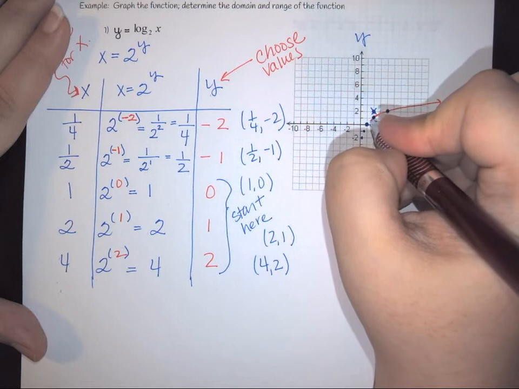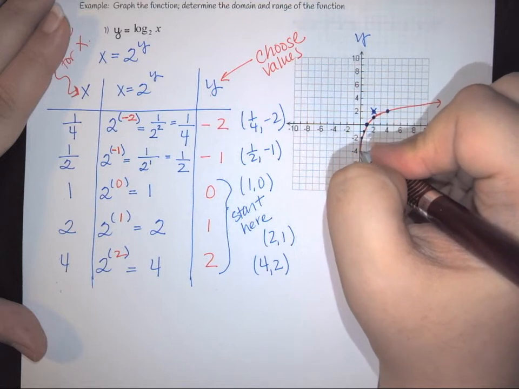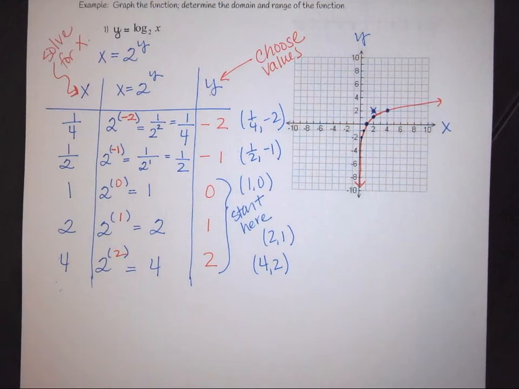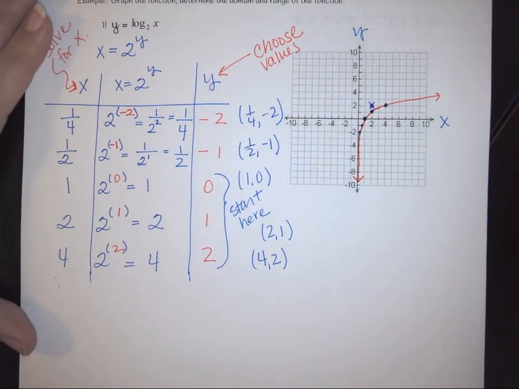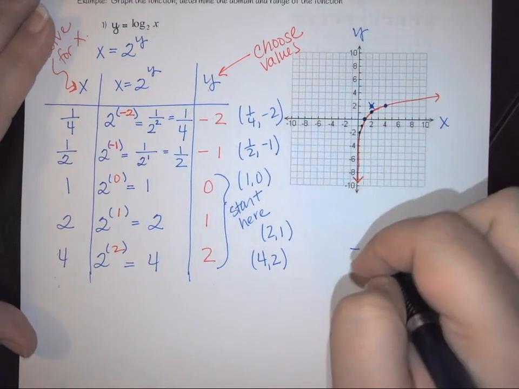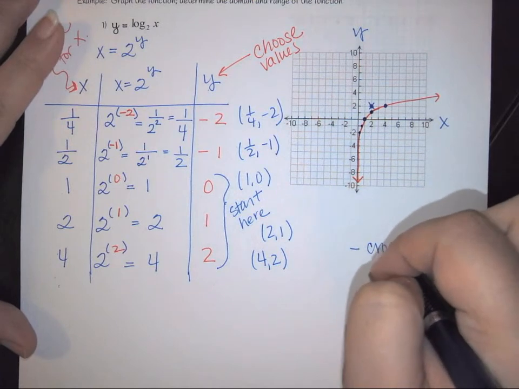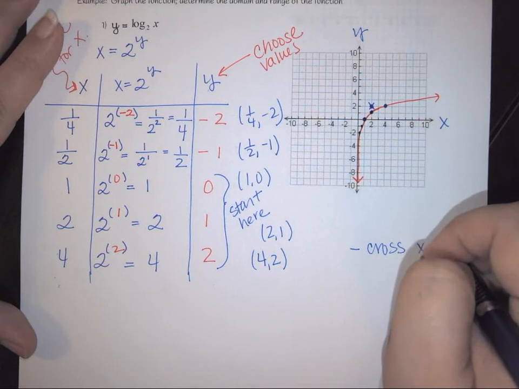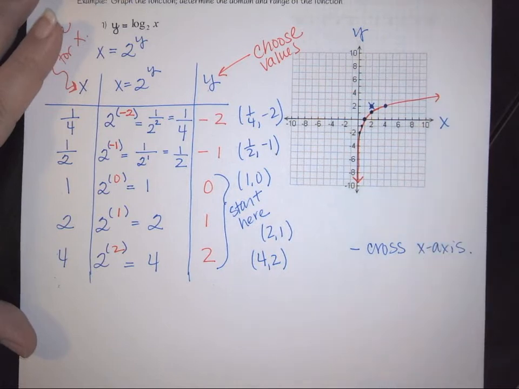And then here we are slowly coming down and we are going to hug that y-axis line. Okay. Now, a few things that we needed to remember is that when we graph logs, first you should cross the x-axis.